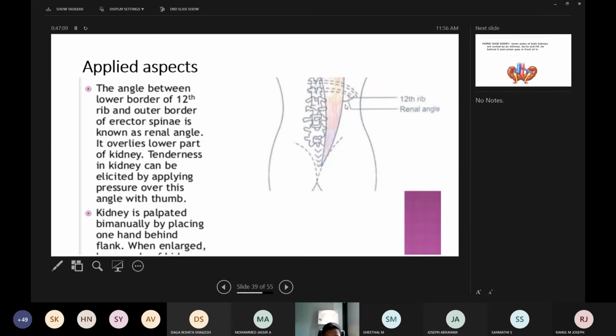Kidneys can be palpated bimanually by placing one hand in the loin, the posterior abdominal wall at the renal angle, and one in front on the anterior abdominal wall, and pressing to feel the kidney at the end of deep inspiration.